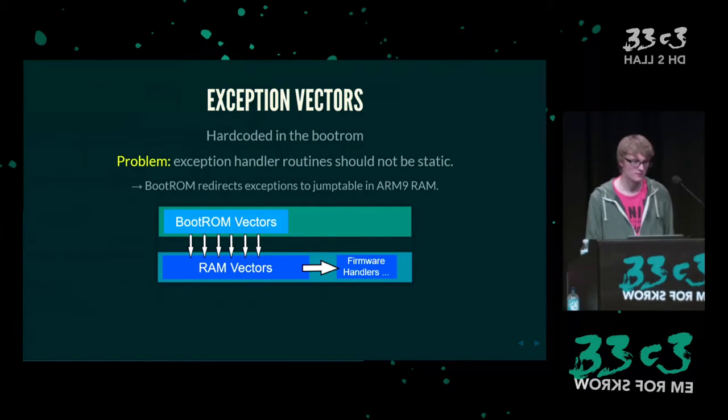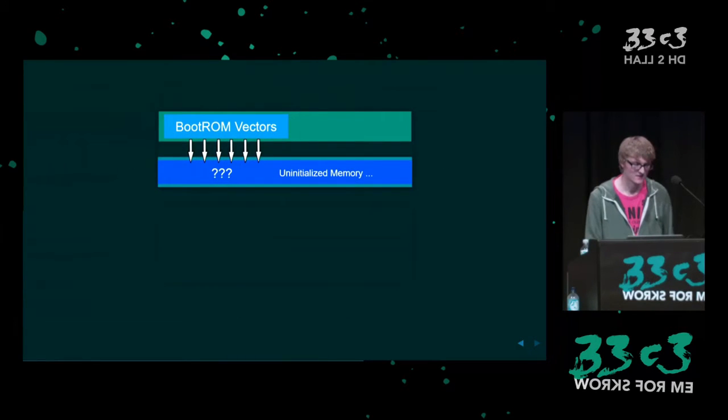This is how things look when the firmware is running. But what about cold boot? On cold boot, you get this. It looks kind of interesting, because the boot ROM vectors still point to ARM9 memory, but since this is cold boot, the RAM is not initialized. This is interesting, but it's not really a bug, because at some point the boot ROM will initialize those RAM vectors.